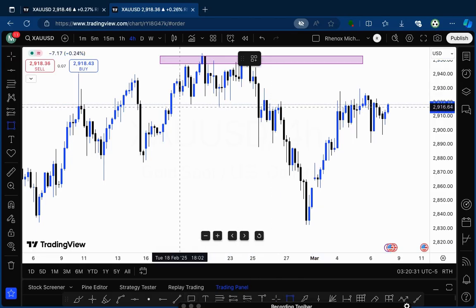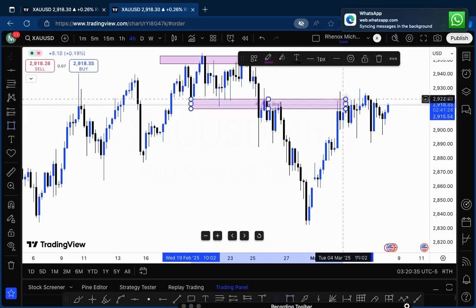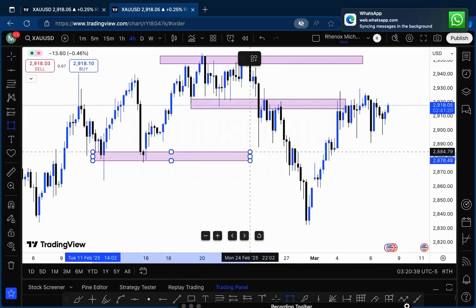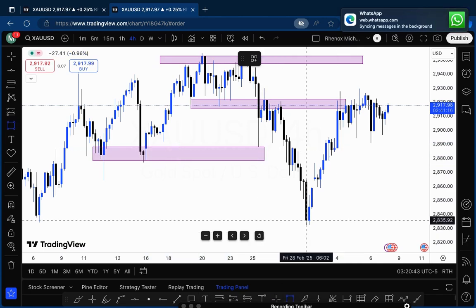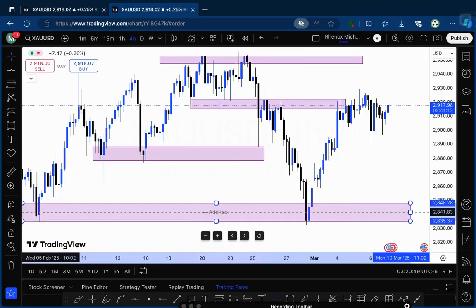Okay, so we have our resistance here, we have a support level here, then we have another support level here, we have another support level here which price reacted to in the past.